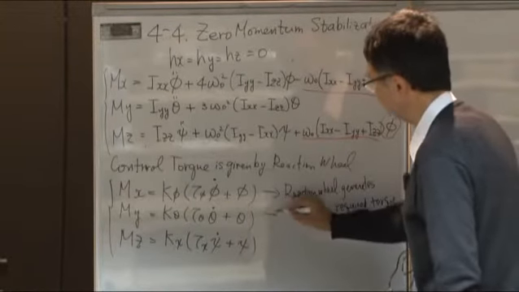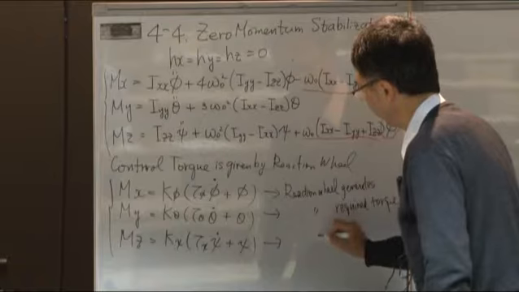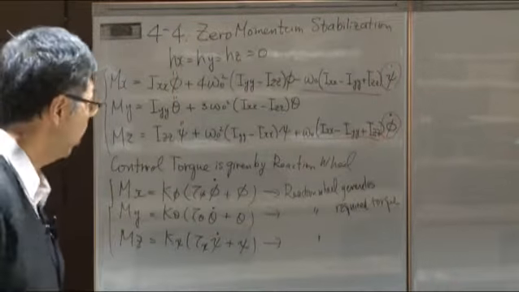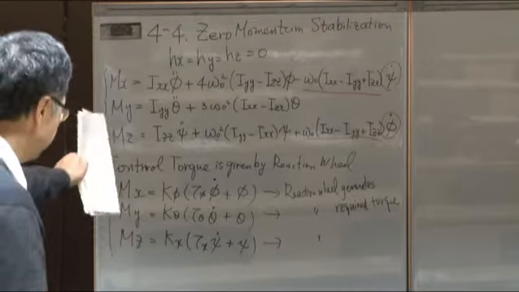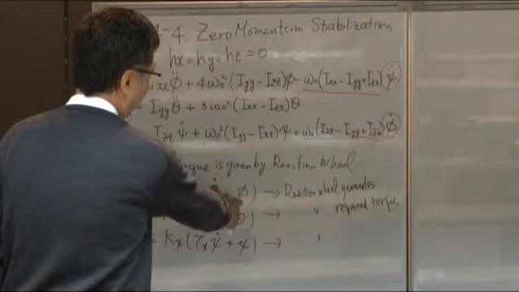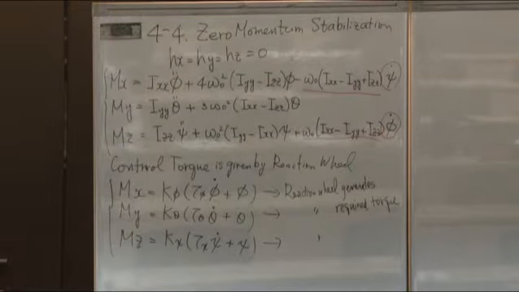The required torque for each axis is calculated by this control algorithm. And this is again the PD feedback.